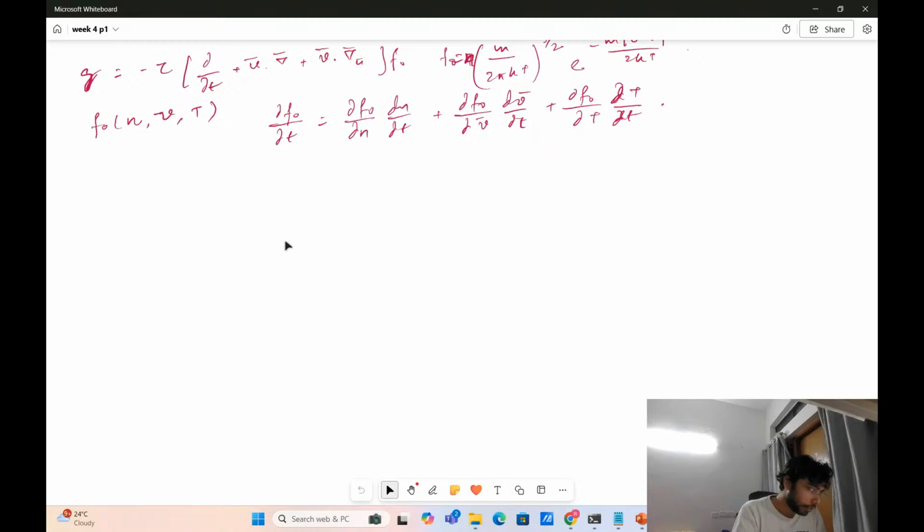Similarly, to calculate del f naught by del xi, this second term, it will be del f naught by del n times del n by del xi, plus del f naught by del v times del v by del xi, plus del f naught by del t times del t by del xi.